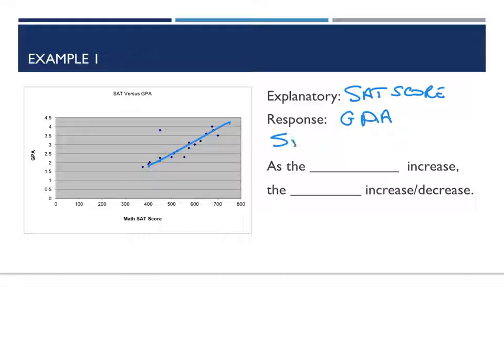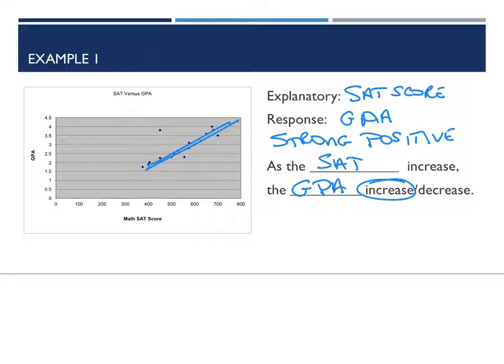So this is a strong and positive correlation. As the SAT score increases, the GPA goes up, so it increases.